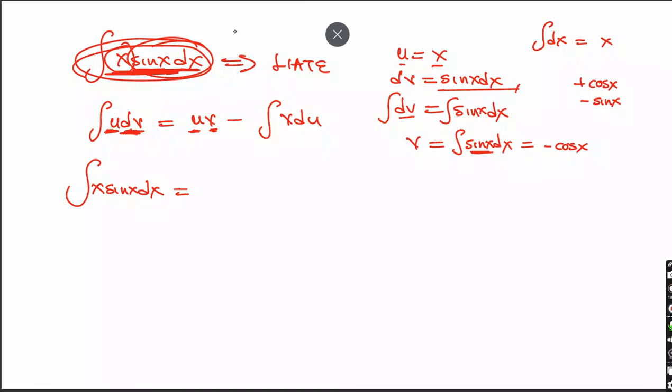After that, you can see u is equal to x, so you say x, then v is equal to negative cos x. So negative cos x, we are subtracting by the integral of v here. The integral of v is negative cos x, so you say negative cos x. Then what is du? We have to find du.